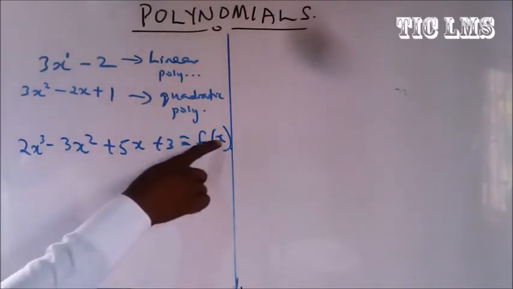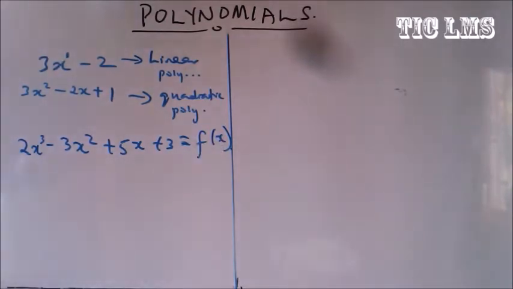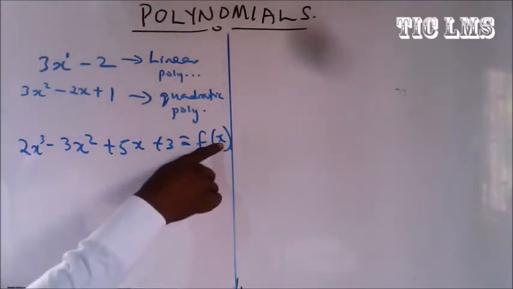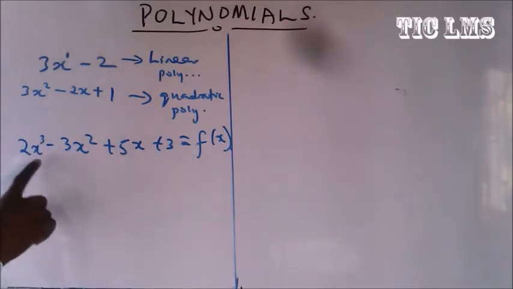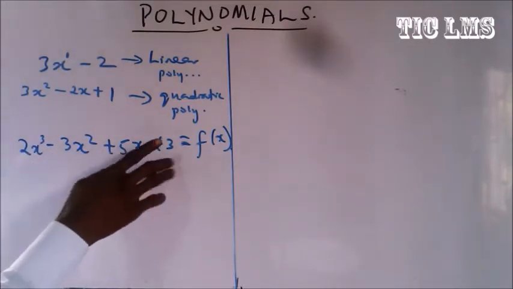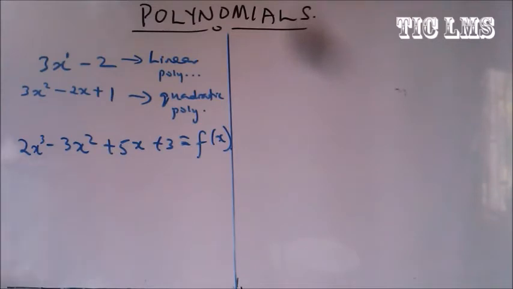Why? Because we could have the value of x as any number, and for instance, if you make the value of x to be 2, all you need to do is to substitute the 2 into each of these x in order to get the expression. Now don't forget that we could also equate this particular expression to 0.